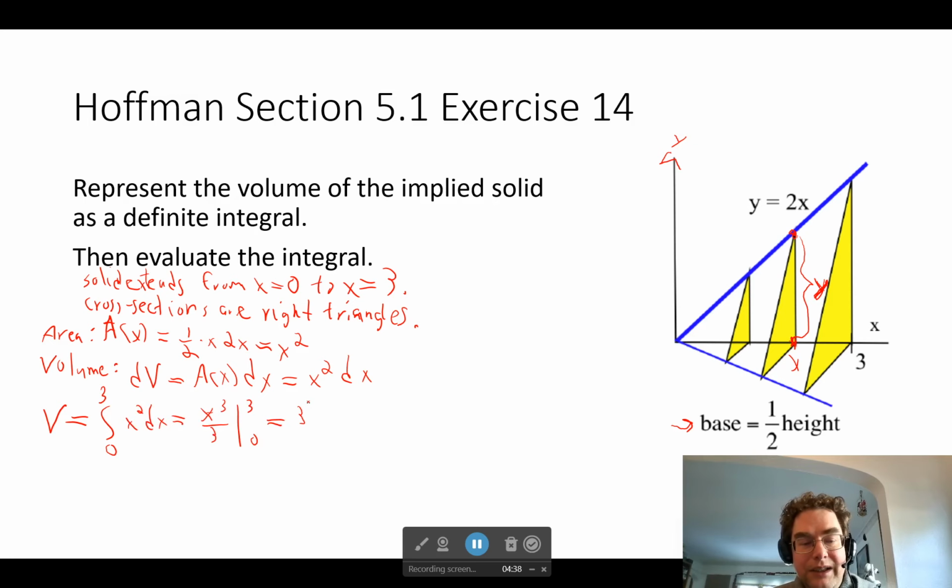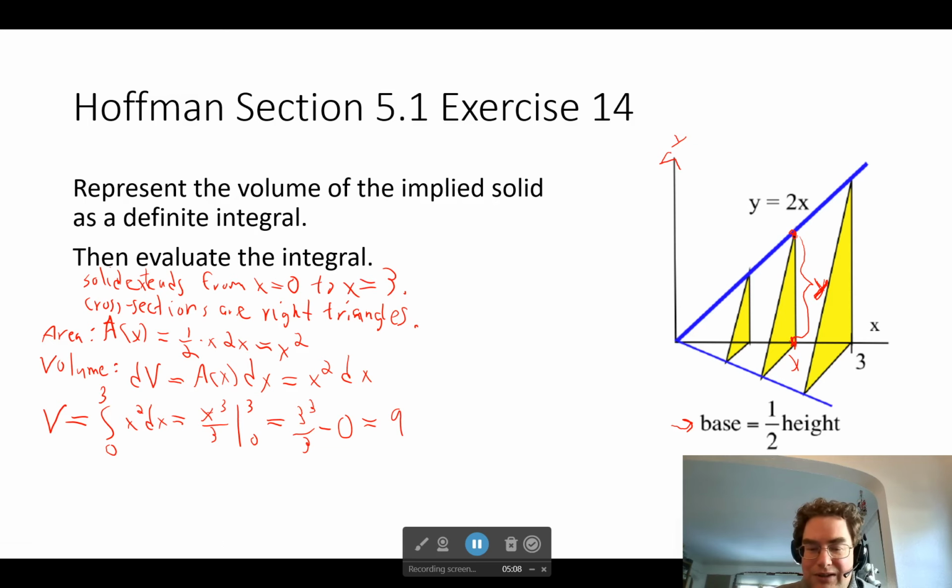We get 3 cubed over 3 minus 0, which is just 3 squared, which is 9. So this solid has volume 9. We'll leave it to you to do an estimate to check that it's reasonable. I'm hoping you'll find it is, but we won't dwell on that here.